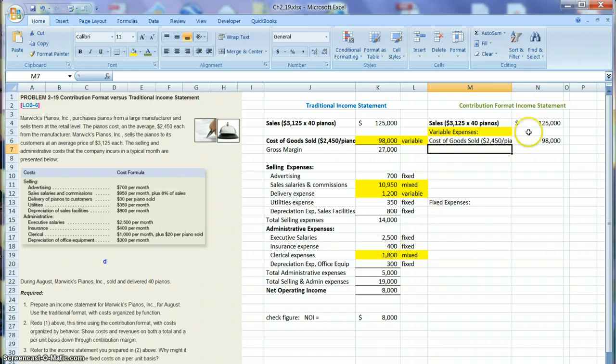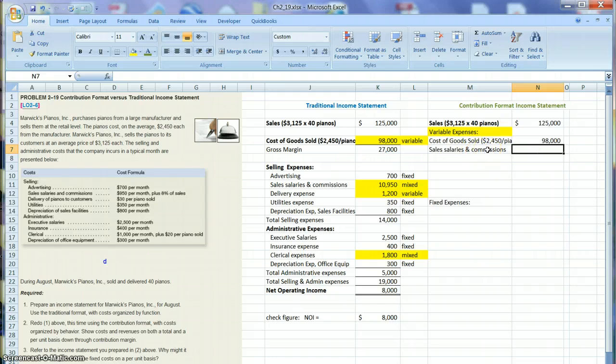So cost of goods sold, we said, was variable. We have the sales salaries and commissions. I am going to cheat and use my equal sign to pick up the label. By doing that, I'm essentially pulling through the variable portion, which actually is only my commissions.